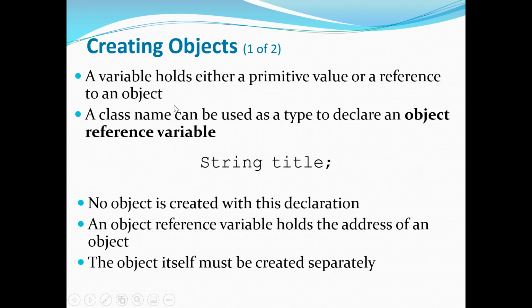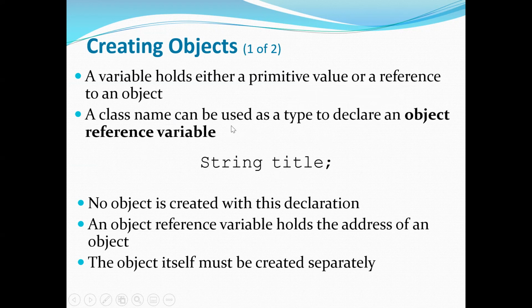So if we declare a variable and the data type is a primitive data type, it means the value will be stored in that very particular variable. Now, a reference variable normally holds the address where, again, the actual value is stored. And we shall discuss the difference between primitive and reference.